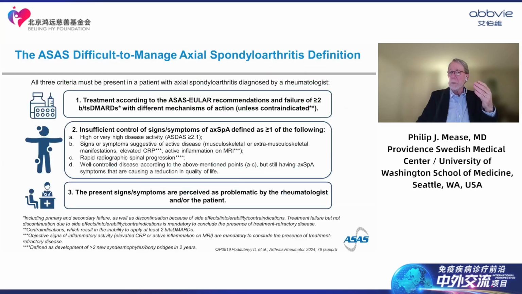And there's a very similar set of criteria for the axial spondyloarthritis group that was developed by the ASAS Association, and reads very much like what I just went through with you with the GRAPPA definition for psoriatic arthritis.